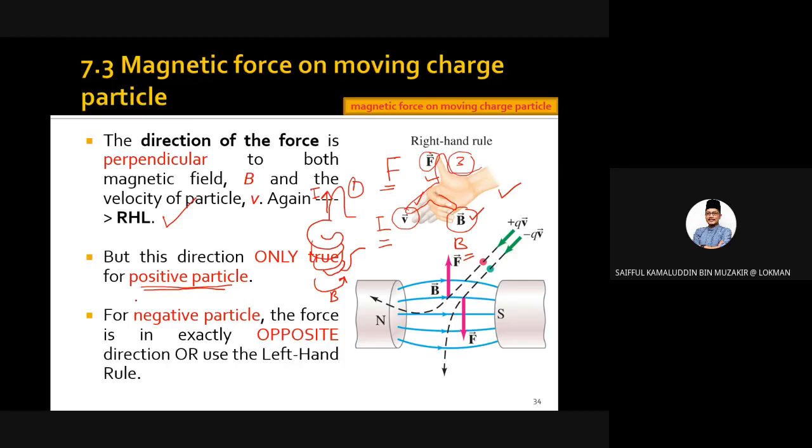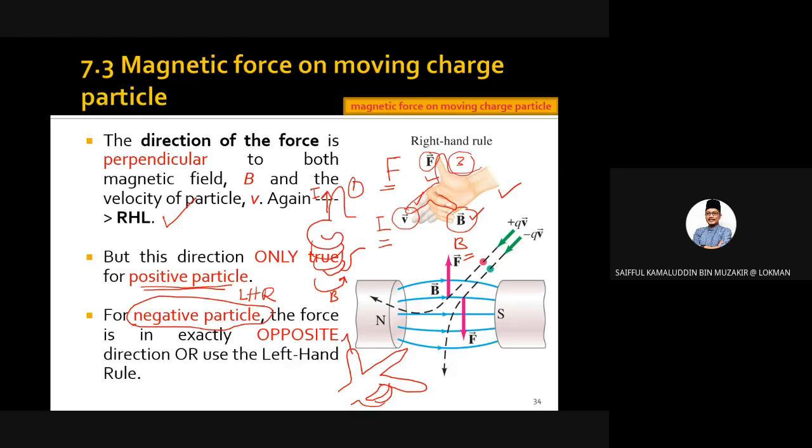How about the negative particle? For the negative particle, you switch to your left hand rule. What is the left hand rule? Just swap your right hand with your left hand, using your thumb, your index finger, and your middle finger, and keep the rest of your two fingers inside.